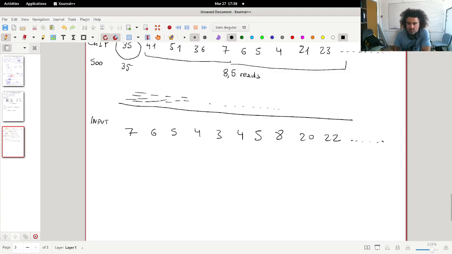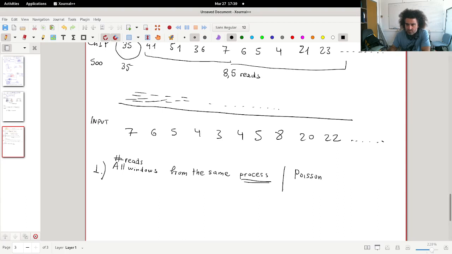Okay, and now we come to the statistical analysis. If we assume that all windows here come from the same process, so the number of reads in all windows come from the same process, then this process would be a Poisson distribution with parameter lambda, which is the mean of the Poisson, equal to 8.5 reads.